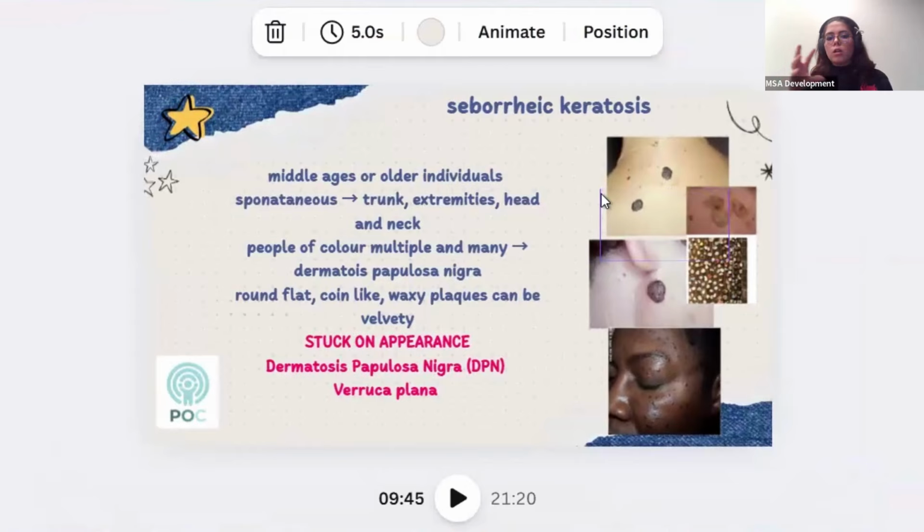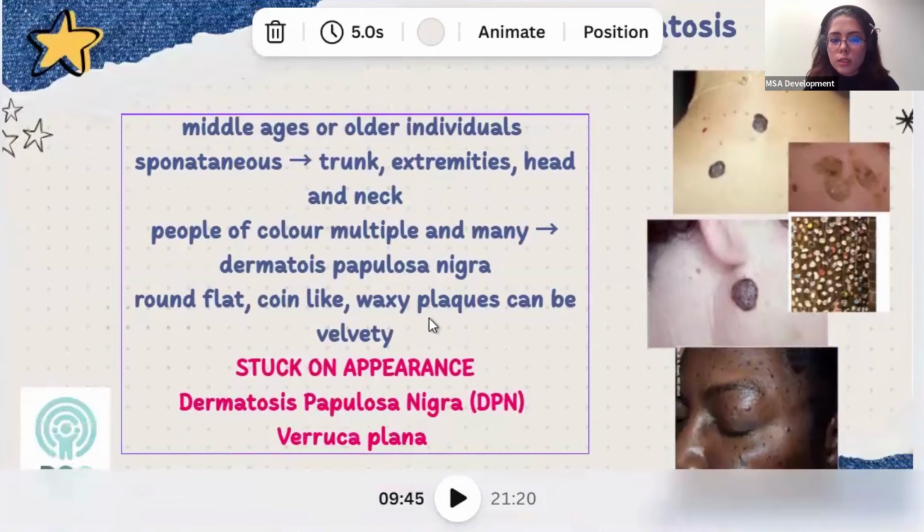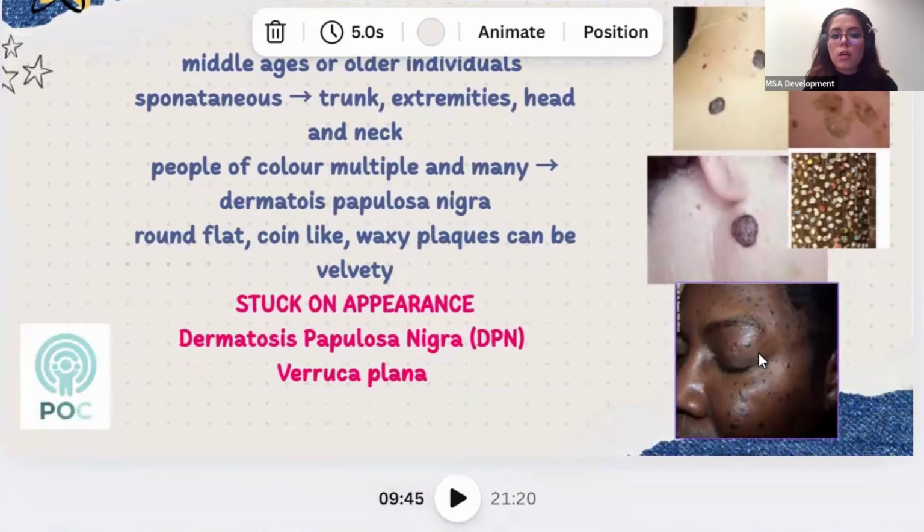And this is what it looks like. Okay. You just need to know, it has a stuck-on appearance, round, flat coin-like waxy papules, and can be velvety to the touch. If people of color do get this, it's called dermatosis papulosa nigra.